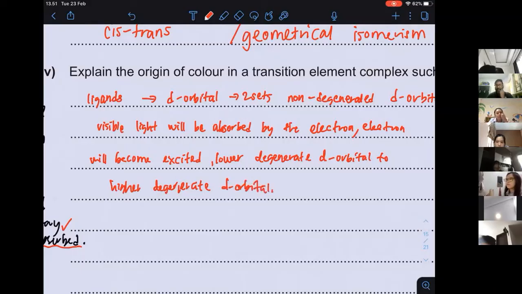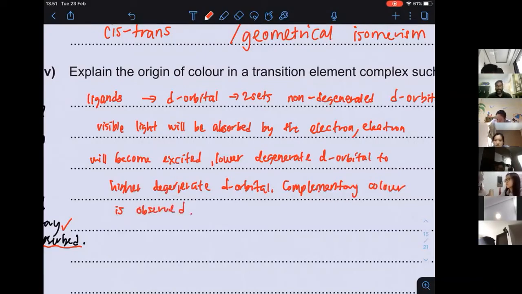When this is happening, because of the absorption of the light, the complementary color is absorbed, and the complementary color is observed.